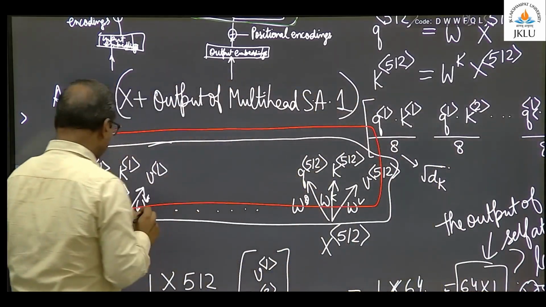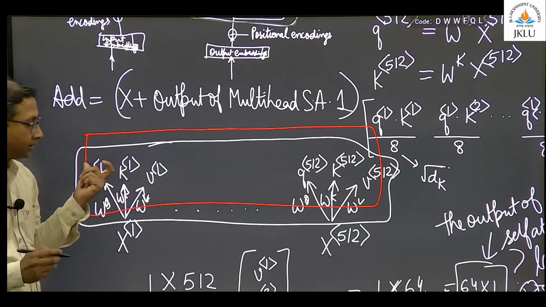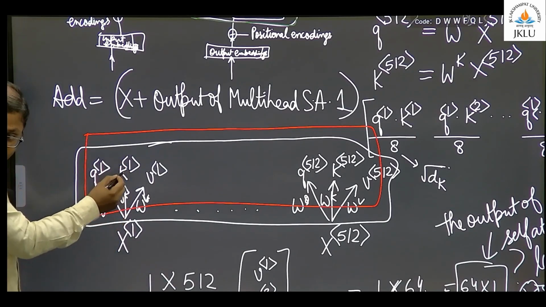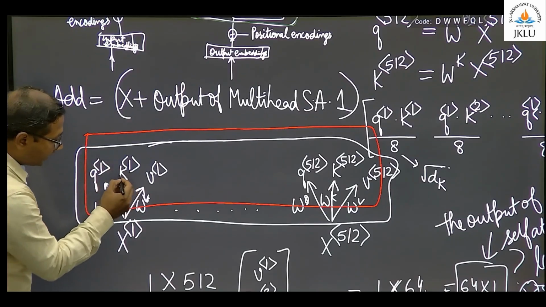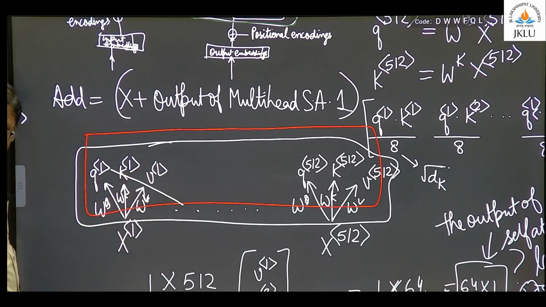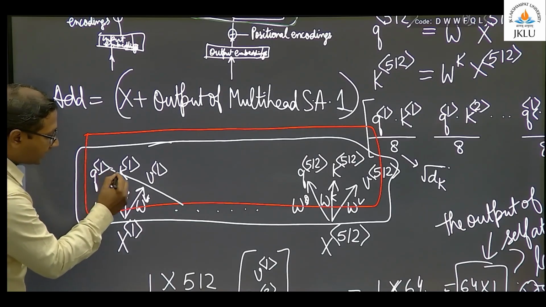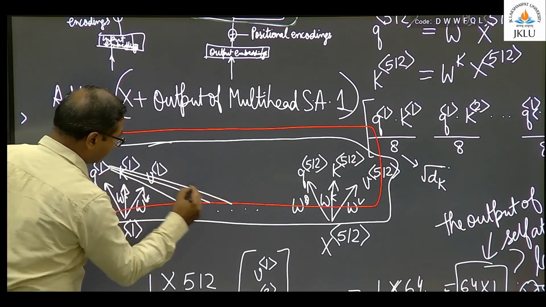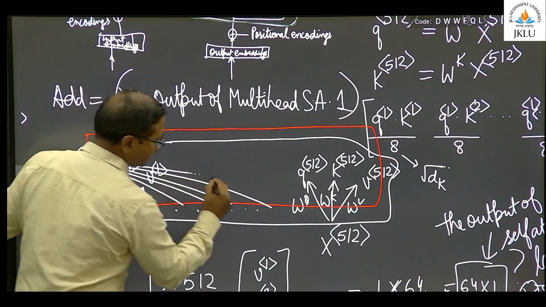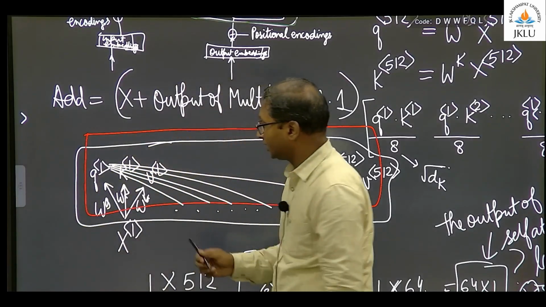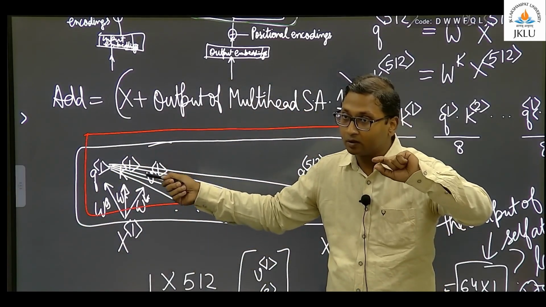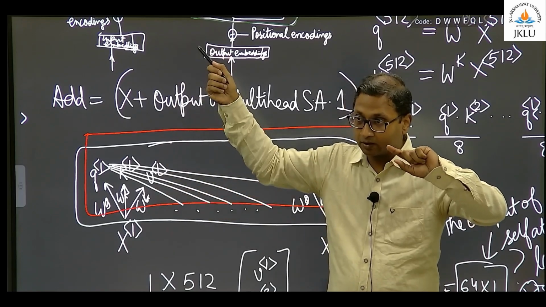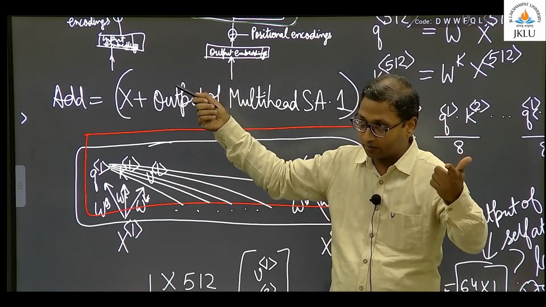You have Q1 from here, you take dot product with K1. You have Q1 here, you take dot product with K2. You have Q1 here, you take dot product with K3, all the way until K512. This was for S1 only. In fact, one head of S1, right?